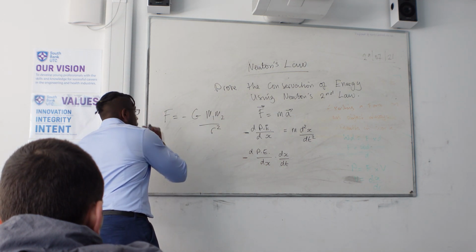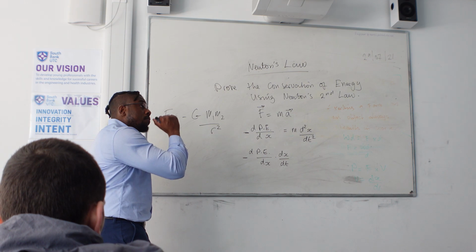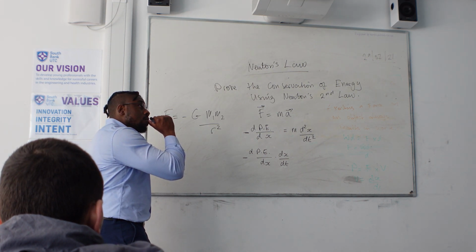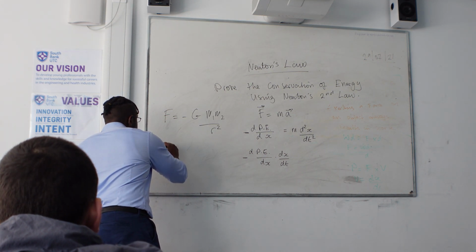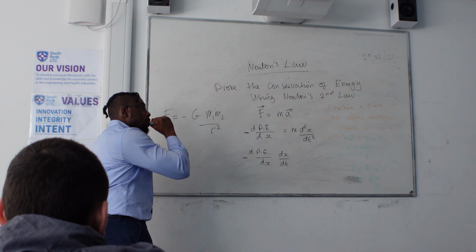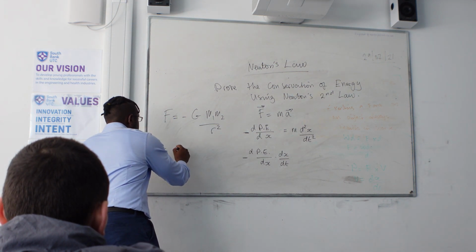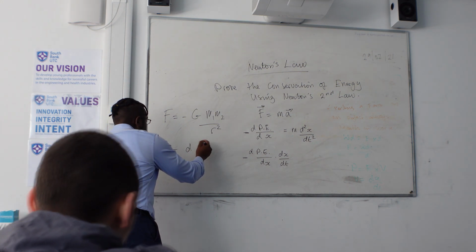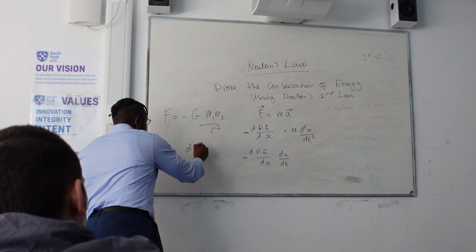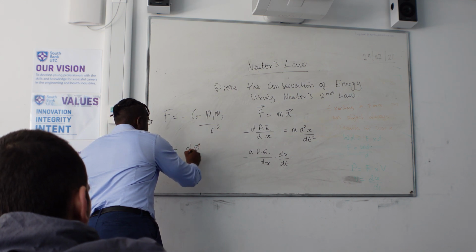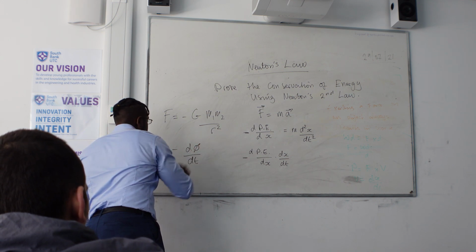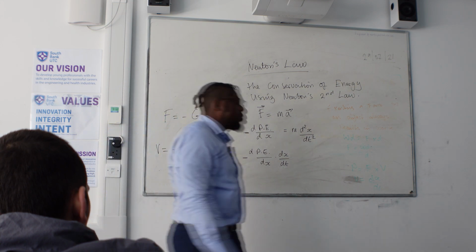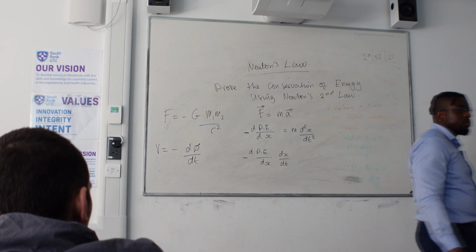The other example is voltage equals negative d phi over dt. I'm writing this very lazily, that's a very lazy way of writing the induction equation.